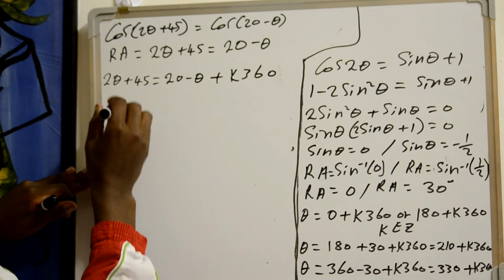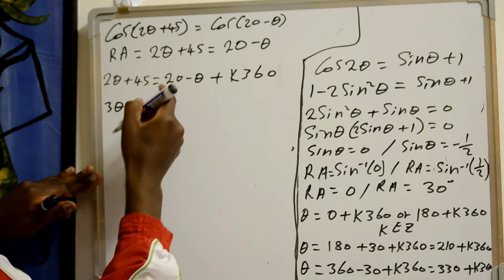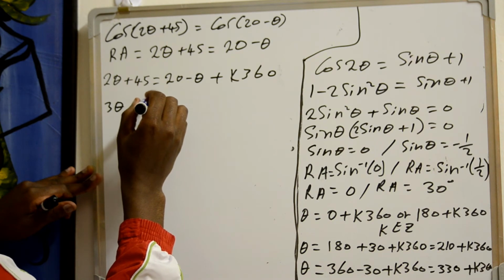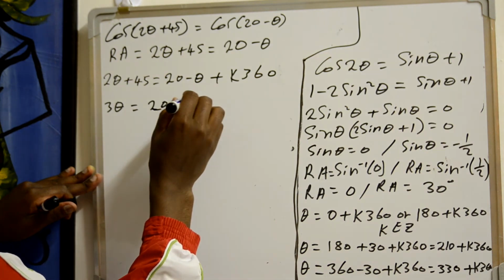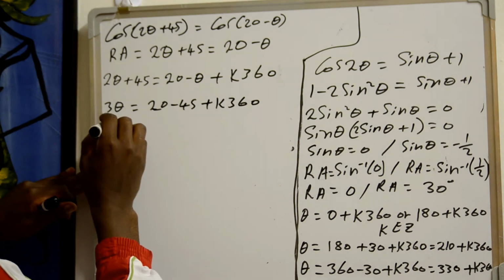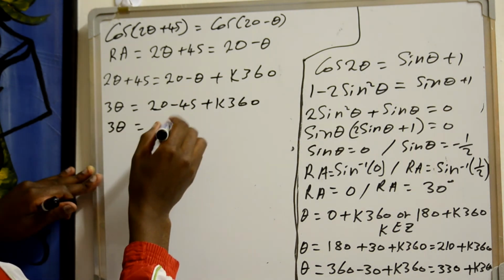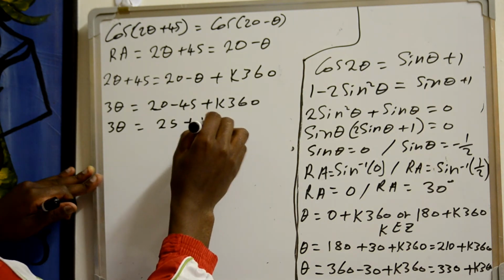Then you solve for theta: 3 theta equals 20 minus 45 plus K360, so 3 theta equals minus 25 plus K360.